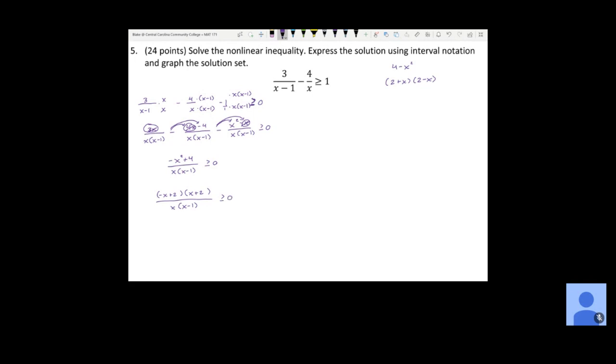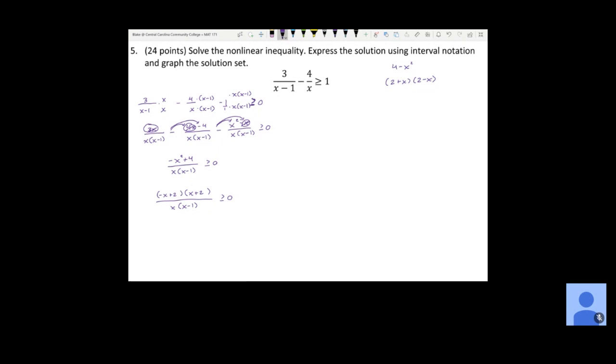All right, now that we've got it factored, now what are we going to do? Okay, we've got to get our interval notation, right? So how are we going to find our intervals this time? Okay, so set the denominator equal to 0, or in other words, set each of those factors equal to 0.